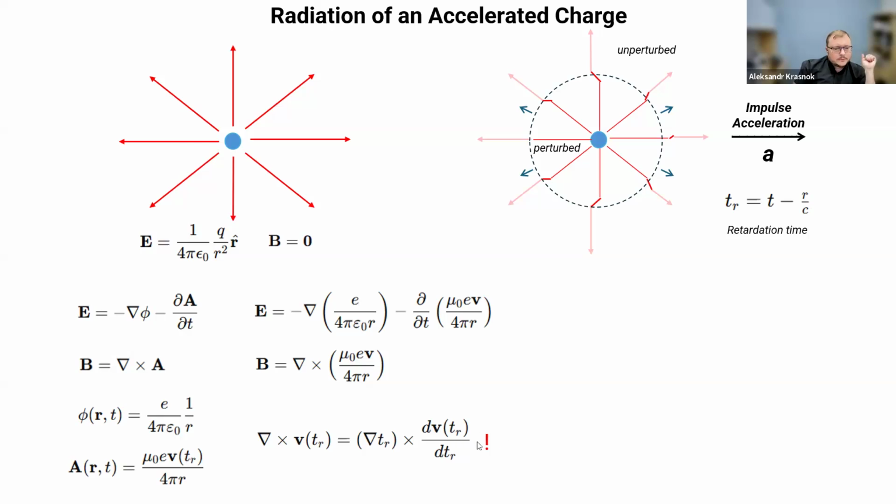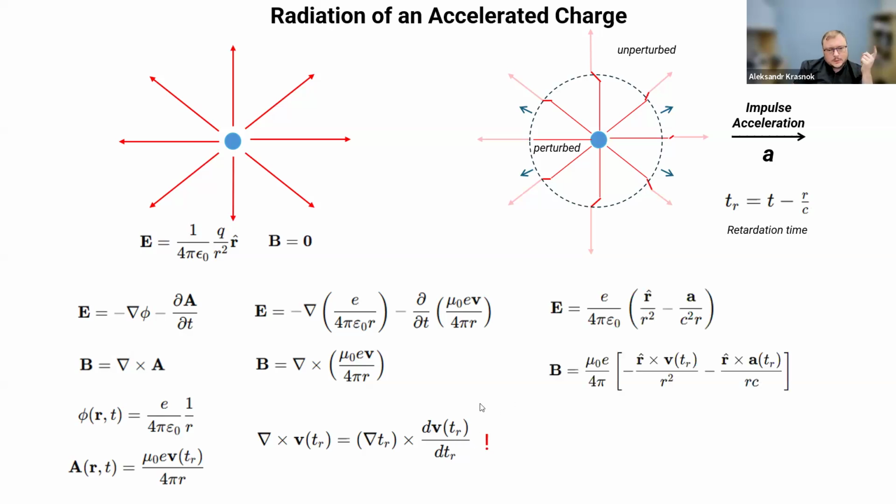Okay, so this is important. This is an important point to notice. And so after these calculations that I skip, we come to these equations for electric and magnetic field around the charge.